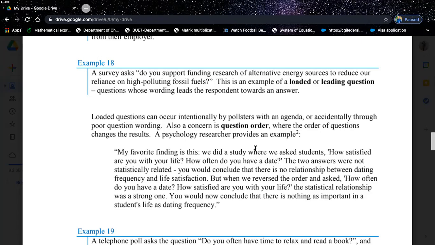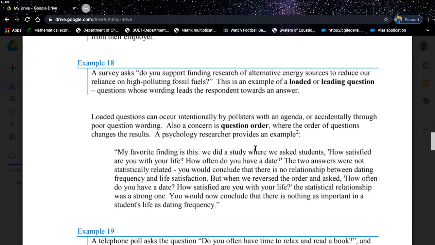Or the one we had with the psychology researcher, the order of the question. Well, it's a psychological problem anyway, but often it could be the order of the question, which could lead you to different results.